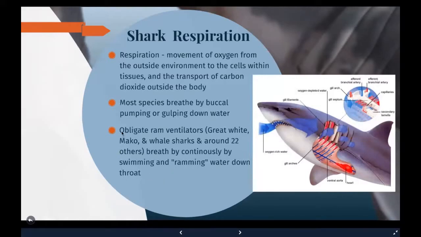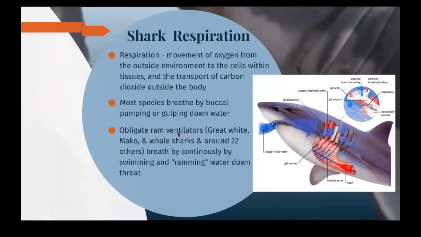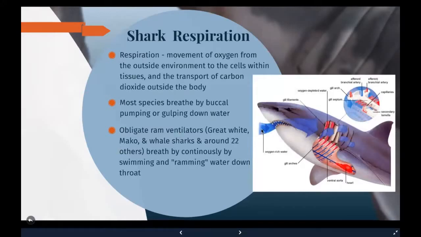And the obligate ram ventilators have to keep swimming or they will drown. Here we have a diagram of water going into a shark's mouth through its gills. The gills filter out the oxygen and push out the carbon dioxide.